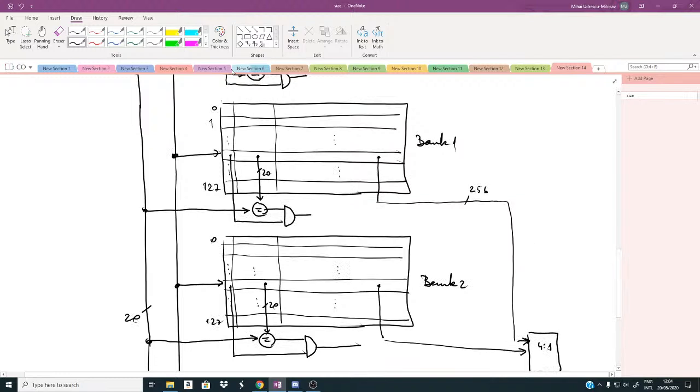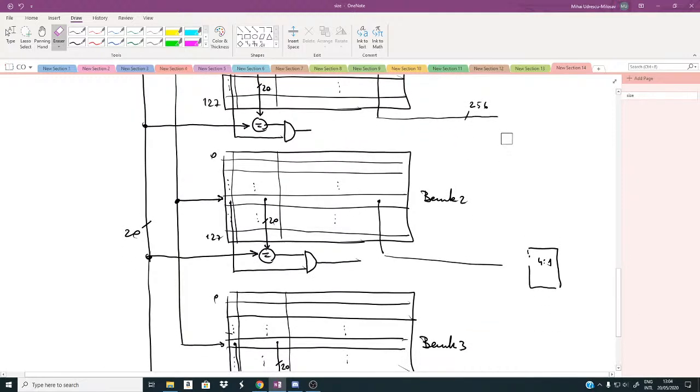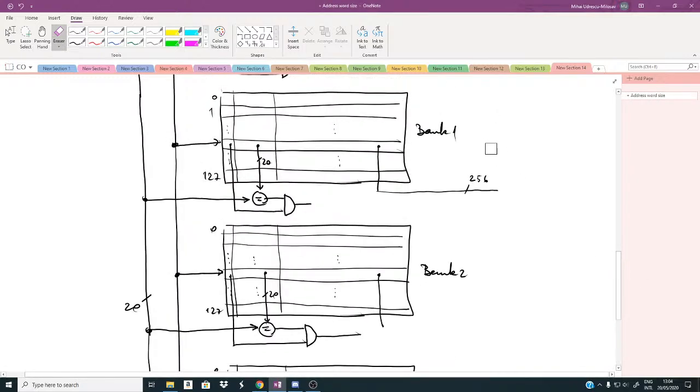Okay, so let's put it like this. What do we have here? The problem is that I put this multiplexer over here, and actually it should be put here. Just a second, like this.